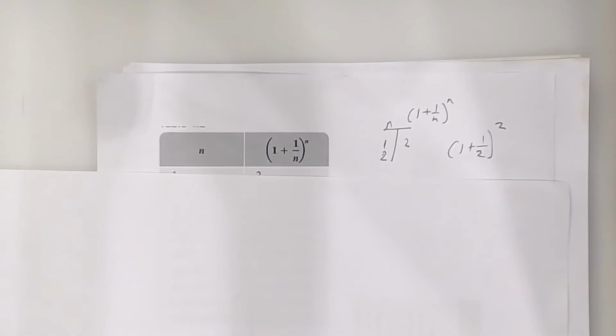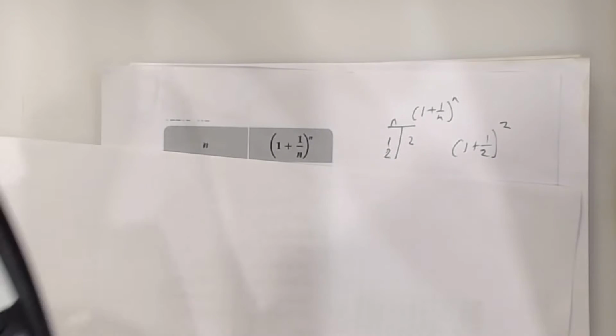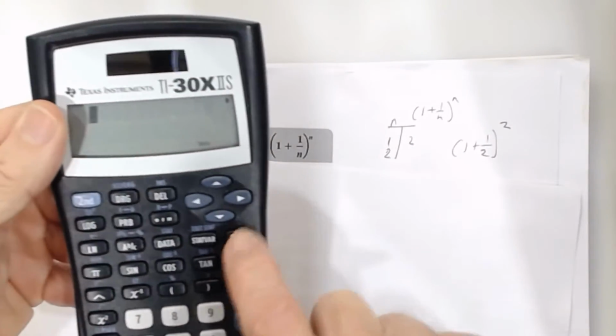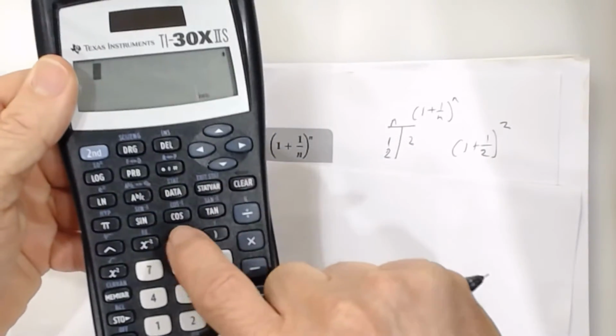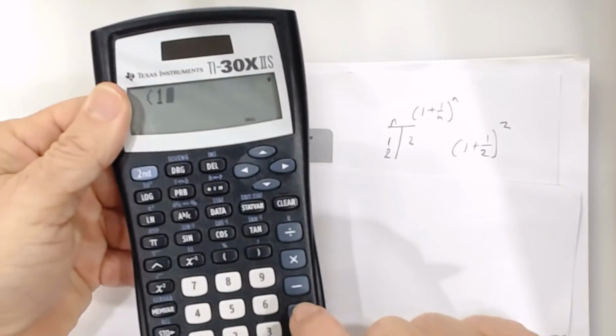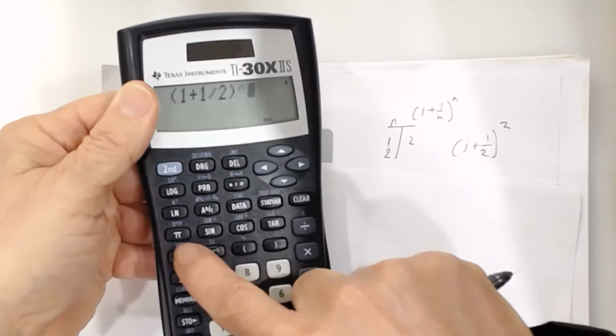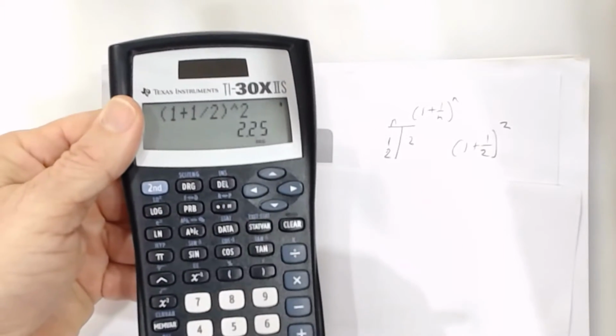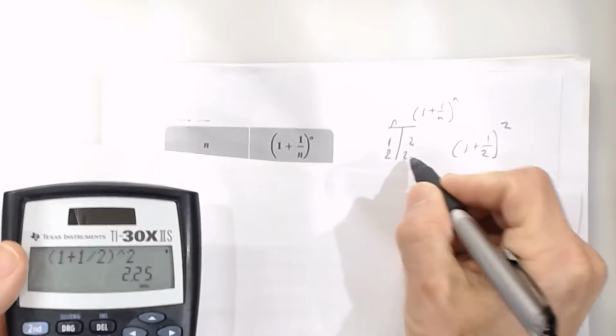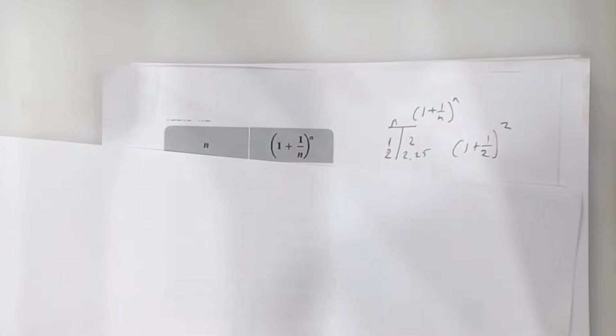So on your calculator, say 1 plus 1 divided by 2, in parentheses, raised to the second power. You get 2.25? Okay.